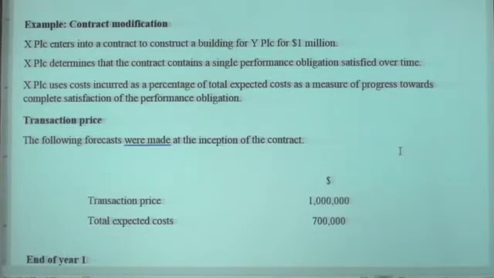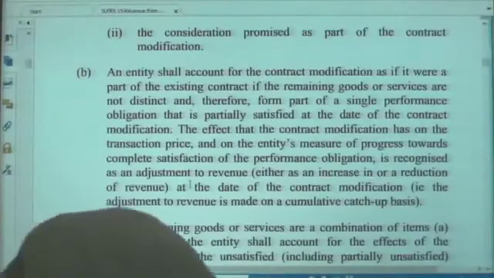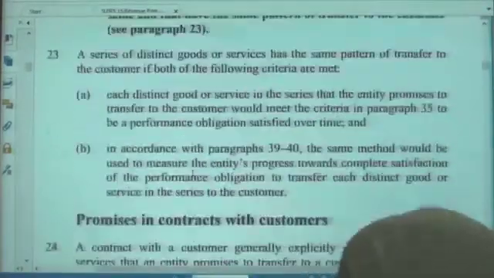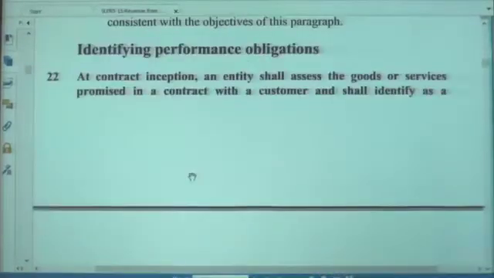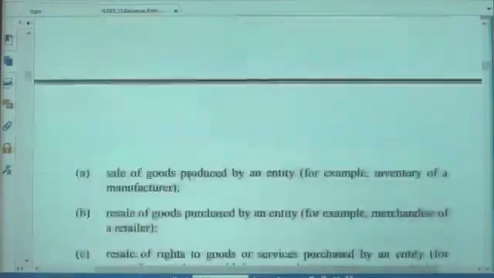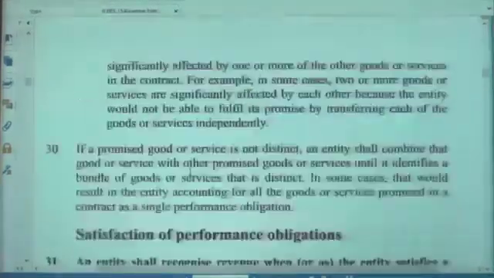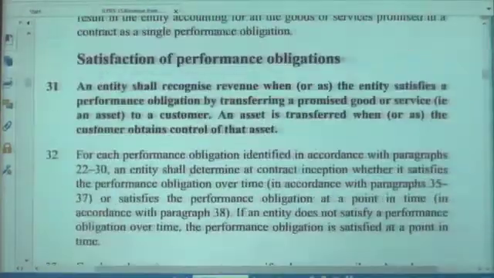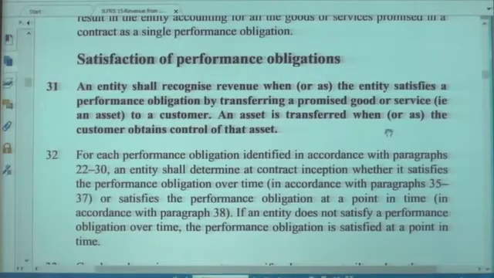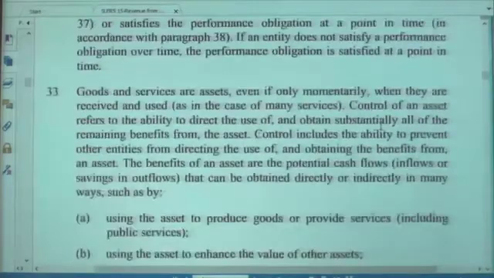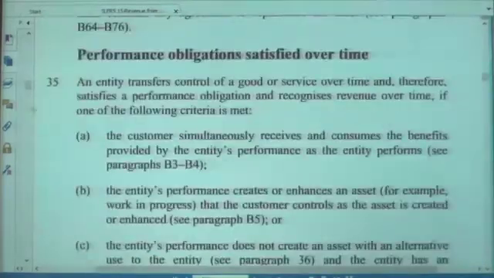Therefore, before discussing the question, we have to move into the standard to see how a performance obligation is satisfied, right? Here, satisfaction of a performance obligation occurs when control transfers. We discussed this point yesterday. Then an obligation can be satisfied at a point or over time.